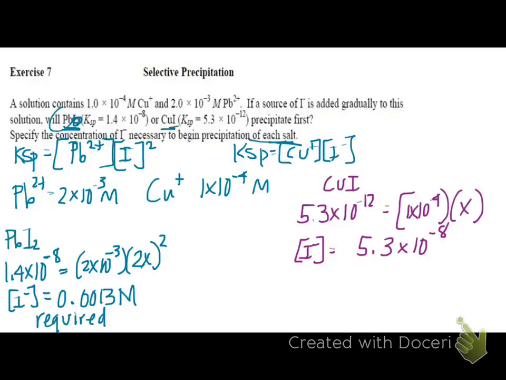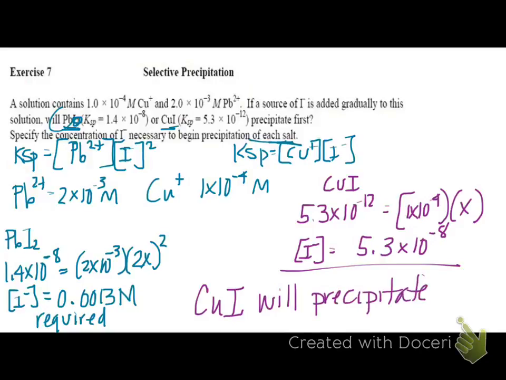So it is a much, much smaller amount required, so we would say that the copper iodide will precipitate first, because we compare that value. You're going to reach a concentration of 5.3 times 10 to the negative 8 much sooner than you would reach the one for lead iodide, which was 0.0013. So it's a pretty simple calculation, but you've got to know to double the 2x. That's probably what usually gets people right there.